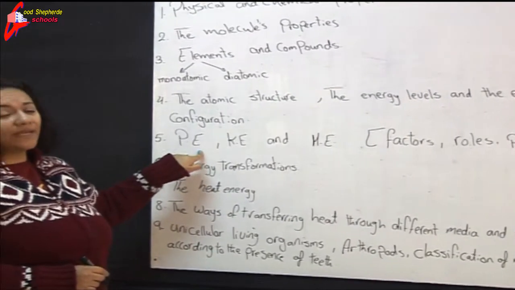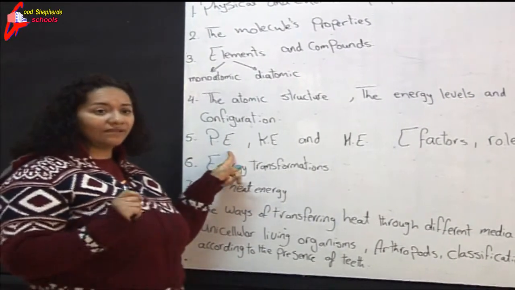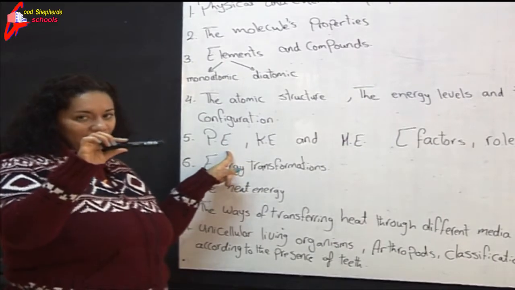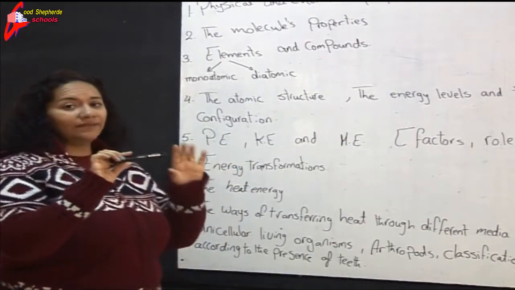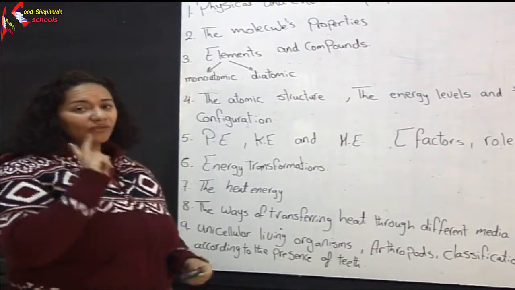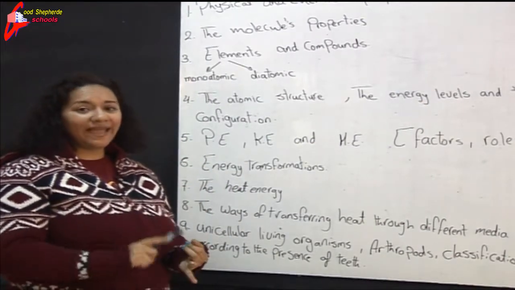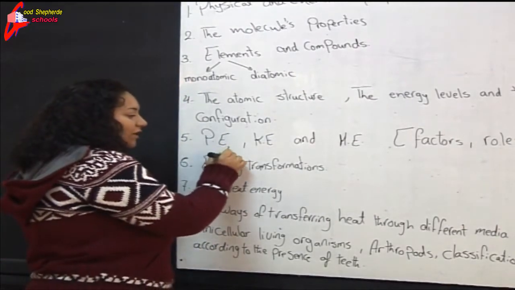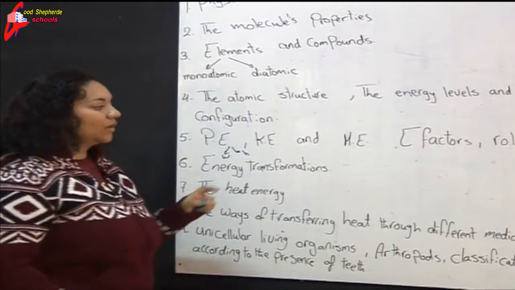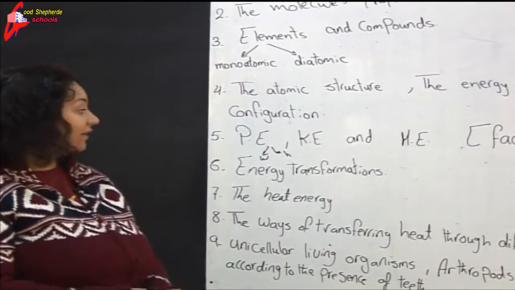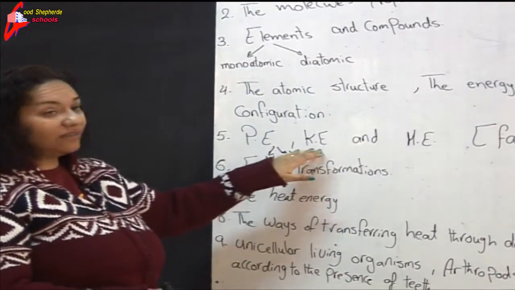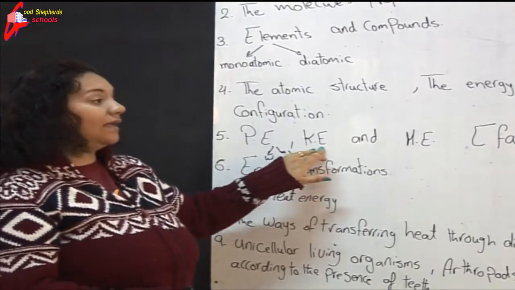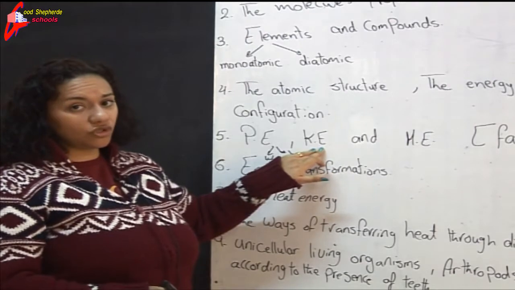Potential energy is the energy stored in the object due to its position, like when I hold this pen like this. So the potential energy is affected by two factors, weight and height. While kinetic energy is the energy during the object's motion.